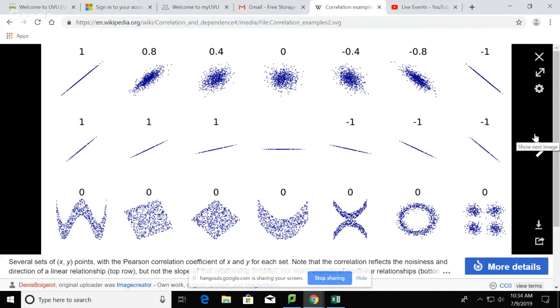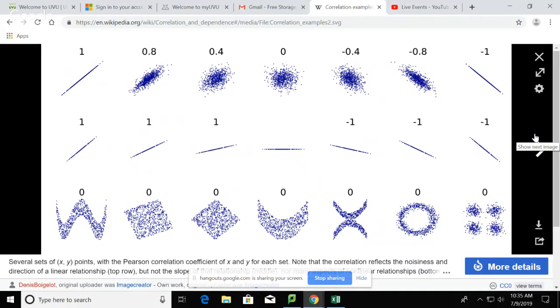R is the letter we use for the correlation coefficient, and it is always a number between -1 and +1, unless you do the math wrong. If you get a number outside of +1 to -1, then you did something wrong.